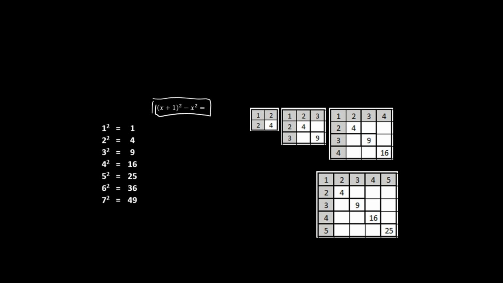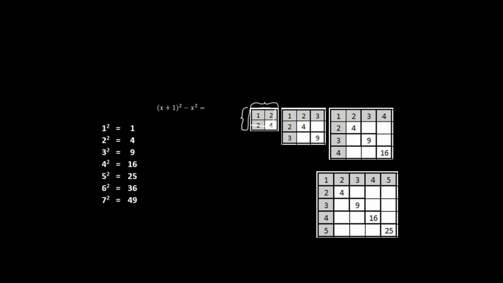So we know that 2 square is 4, 3 square is 9, 4 square is 16, 5 square is 25, and so on. Numbers are unlimited. Here we know that 2 square is 4. How can we graphically represent it? A square of side 2 will give you 4.